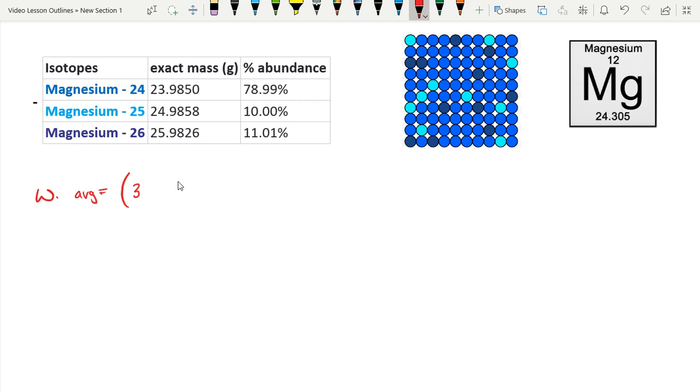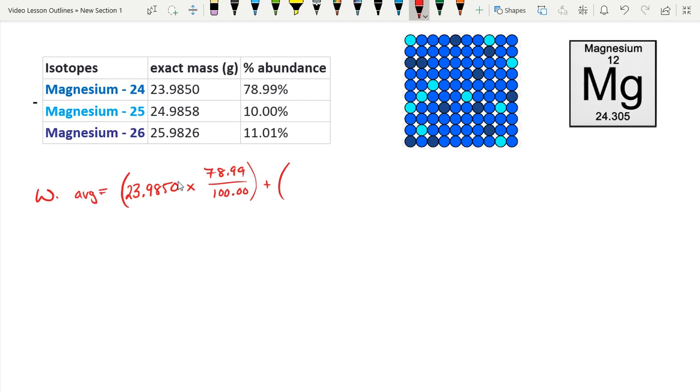So for the first one, we would have 23.9850 times its weight or abundance, 78.99 out of 100. Now here I'm putting 2 decimal points onto my 100 because if I add up my abundances here, remember the rule for adding and subtraction is that we're going to keep the lowest number of decimal places, and that was 2 in all of these cases.